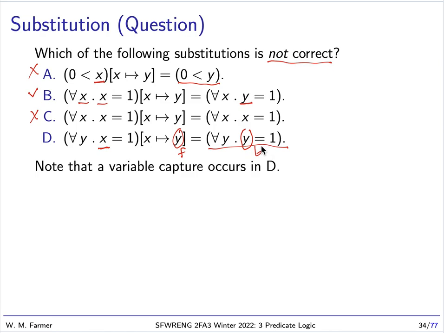That is a variable capture. The reason we are concerned about variable captures is that when a variable capture happens, meaning is not often preserved. In other words, it's not sound reasoning. It is generally not sound reasoning to replace a free variable by a term that has variables that get bound.